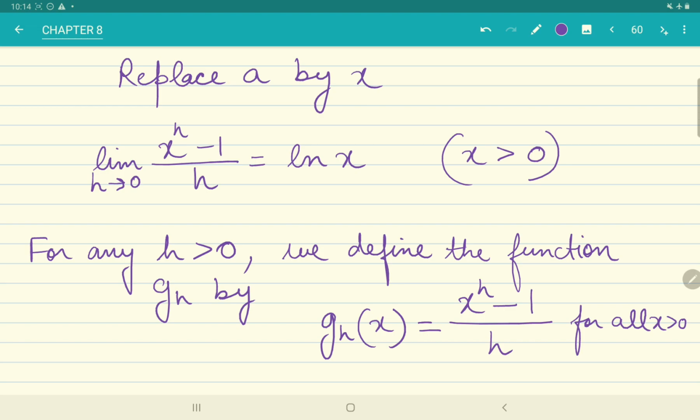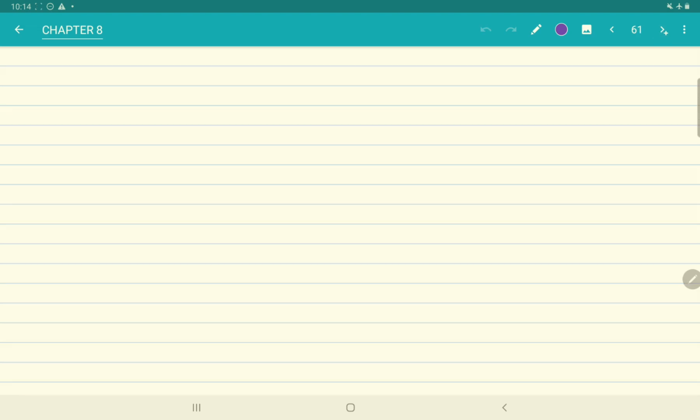Now I take the limit of this function g h of x, given that h tends to 0. h is greater than 0, but let's say h tends to 0, then what is the limit of this function? This is what I'm concerned about. So I write limit h tending to 0 of g h of x, and we know what this g h of x is.